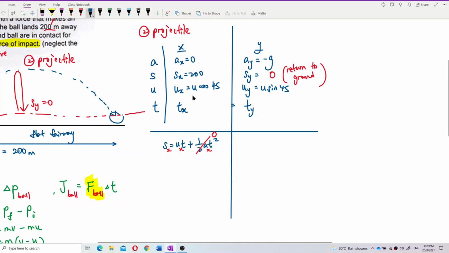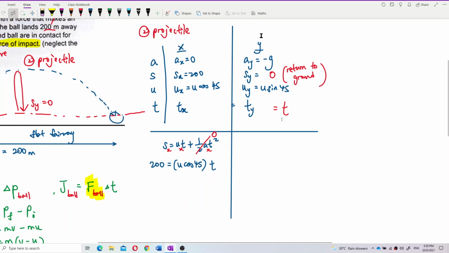Sx is already 200, and Ux is u cos 45, and then the time taken. One thing I want you to know is that time x equals time y. Both tx and ty equal t, so I just put the time as t.